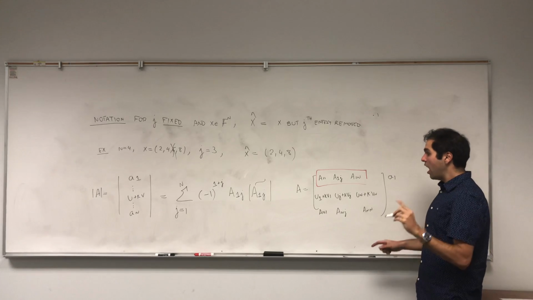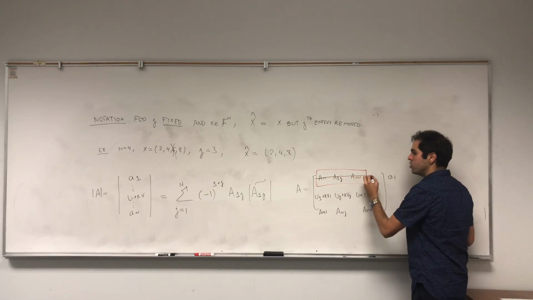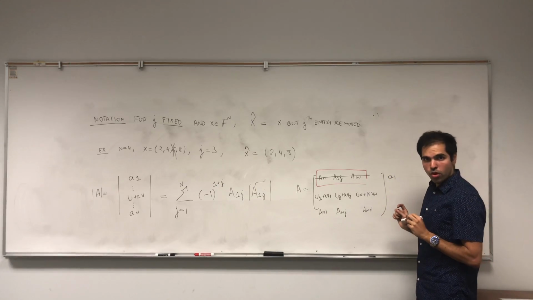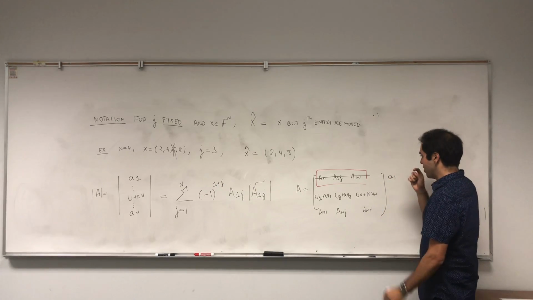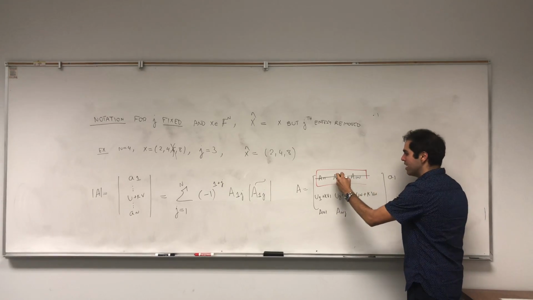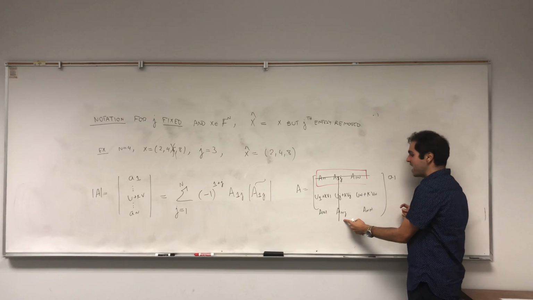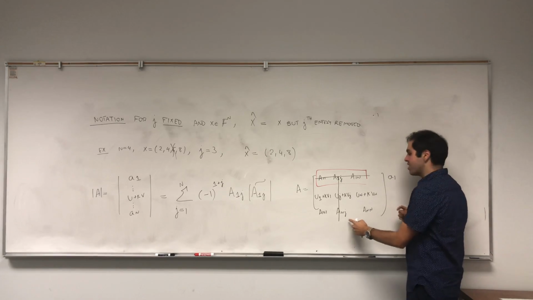Now, how do we obtain that subdeterminant? First of all, you eliminate the first row. And also, this is why I introduced that notation: in that column, you eliminate the jth entry from every column.